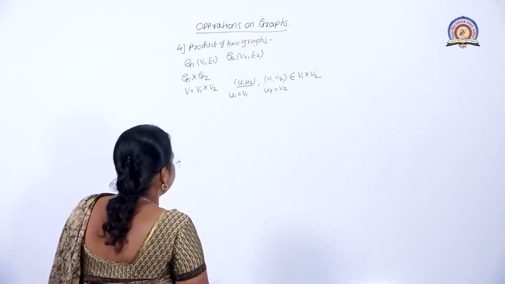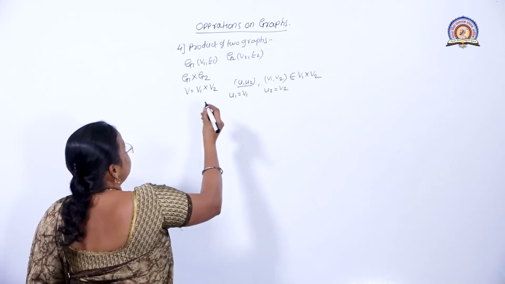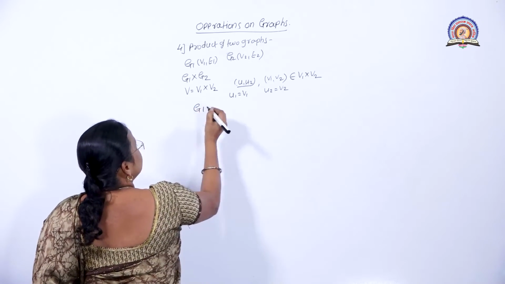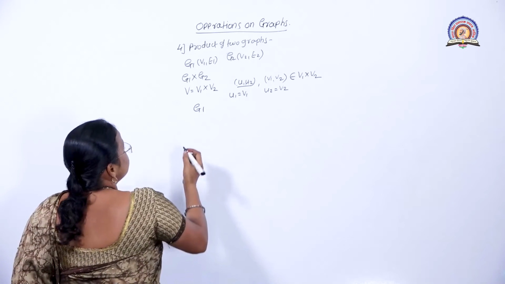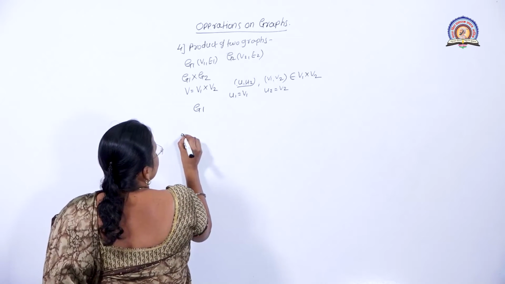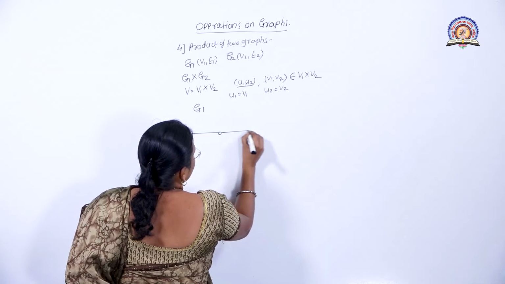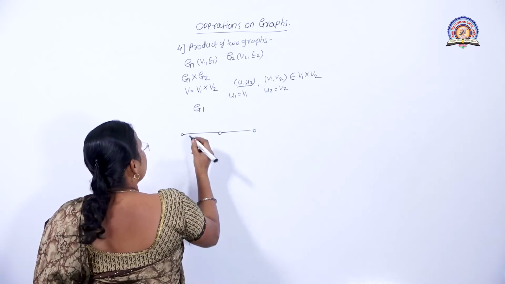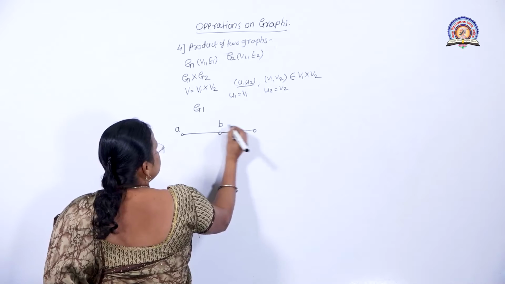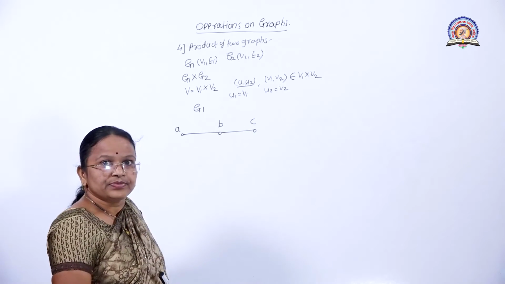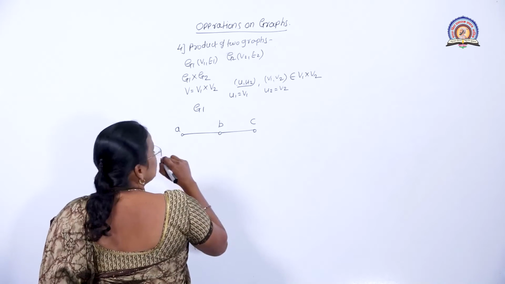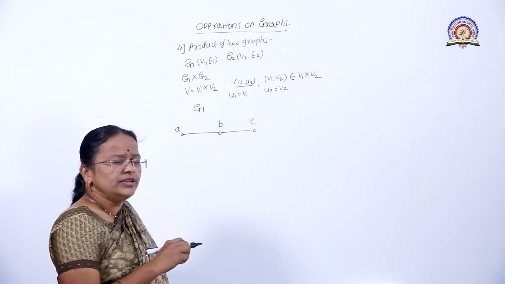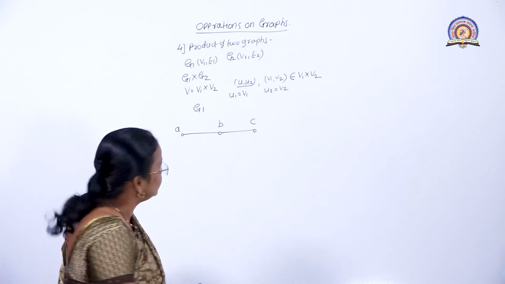Okay, now see how this graph is. Suppose we are given a graph G1 like this. We consider the simple graph. See here, this is our G1 graph, A, B, C. Okay, these are the three vertices in graph G1. There is no need to name the edges here.